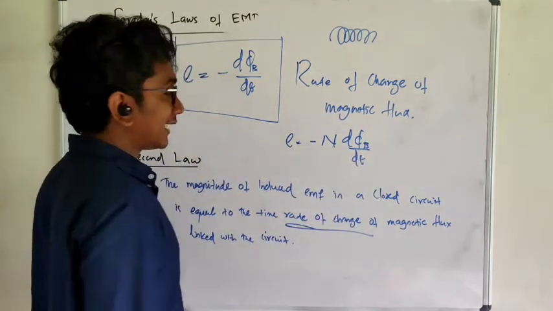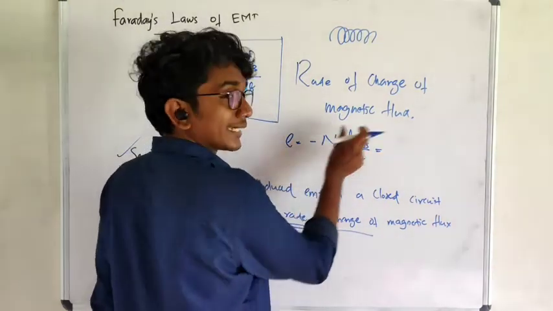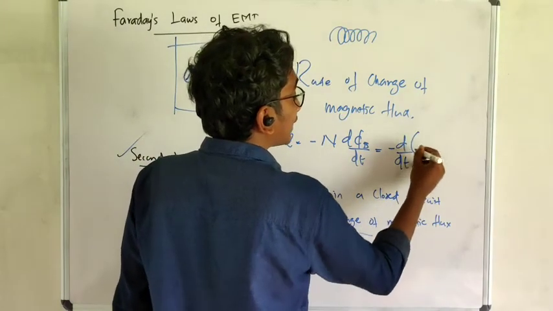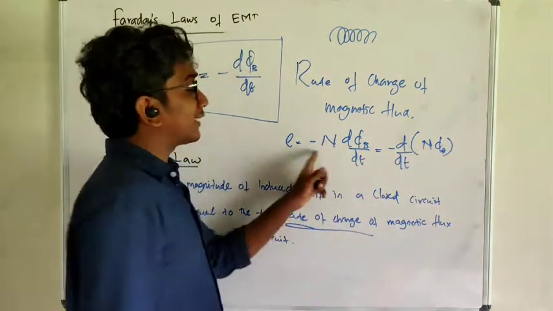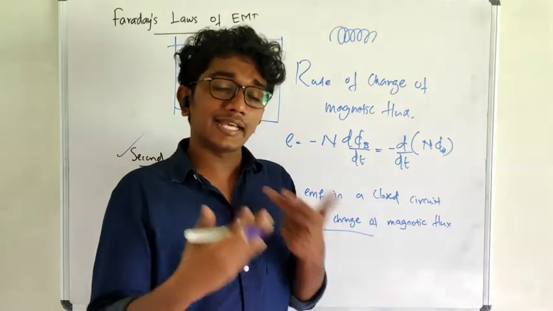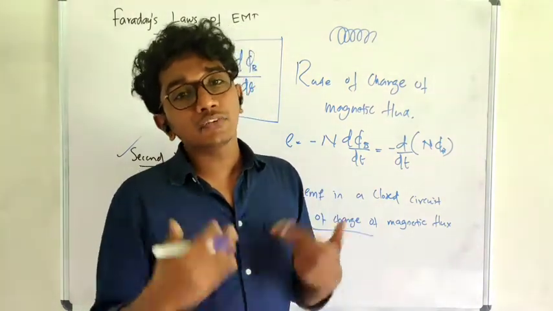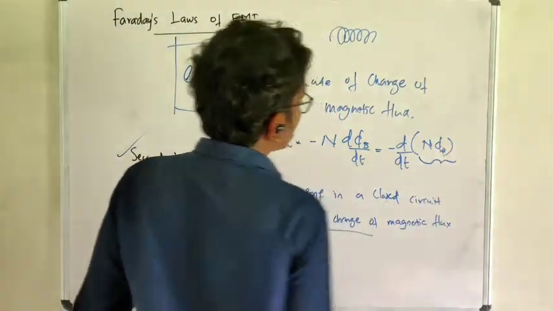This n is a constant, so I can take it inside. So minus d by dt of n into phi b. I can easily take n inside, because suppose 5x, 5 into dx by dt, you can write d by dt of 5x, no problem. So this n into phi b is very important.